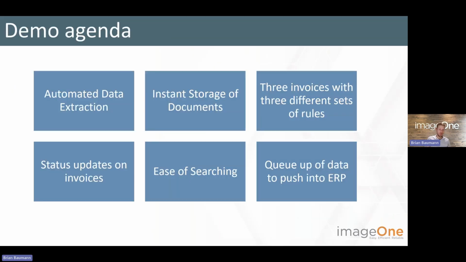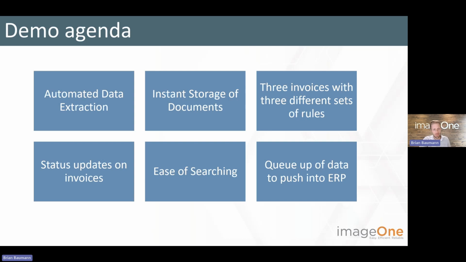So, hopping into the demo in a second, here is what we're actually going to look at: how we're going to automate the data extraction, how we're going to get these documents in and instantly get the data points off that we need. Instantly storing things. A little reverse from how processes typically go, where they go through a process and then get stored. We'll show how documents get stored and then go through a process. It keeps control over those documents throughout the life cycle.